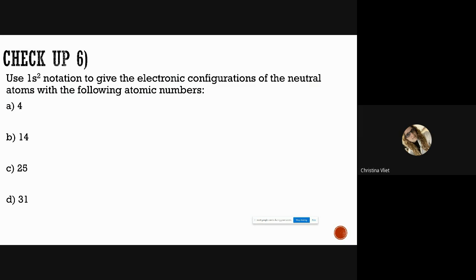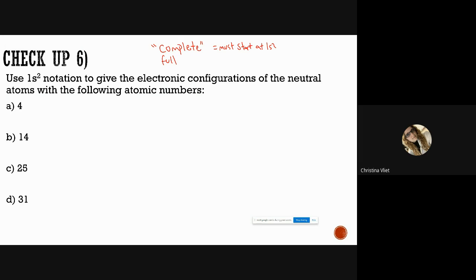If it says complete electron configuration, that means you must start at 1s2. Another word for complete is full electron configuration. If they don't specify, you don't have to give the complete.